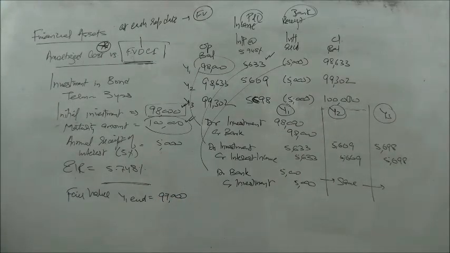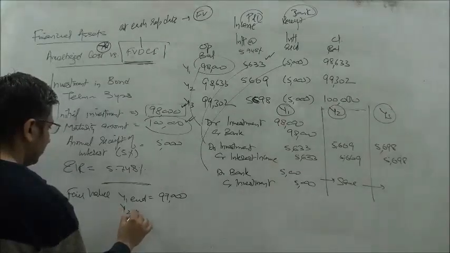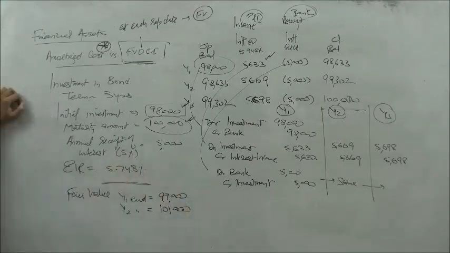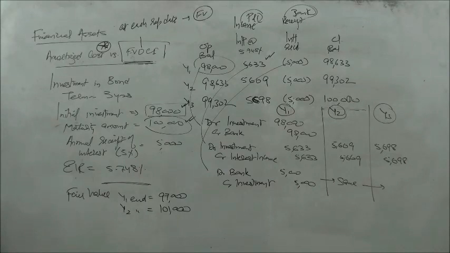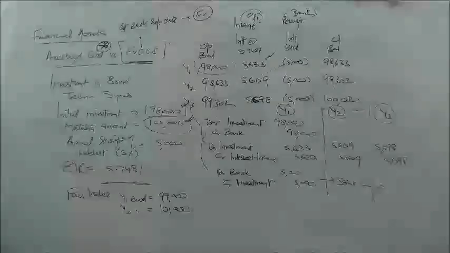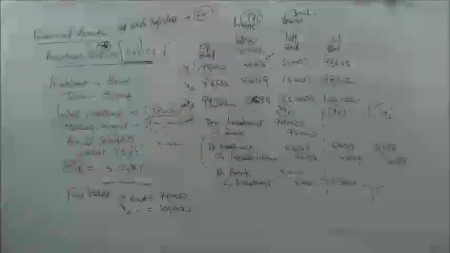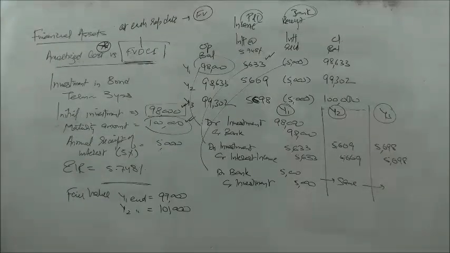Okay, and then we are saying the fair value at the end of year 2 is 101,000. All right. So when I say I'm looking at this 97 and then 101, I need to assess what is the accounting that I'm supposed to do in this particular instance again, right?